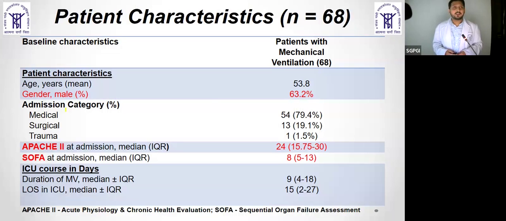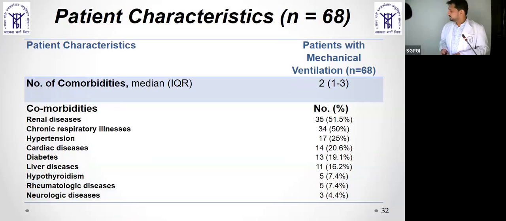The median APACHE II and SOFA scores for the patients on mechanical ventilation were 24 and 8 respectively. The most common comorbidity was renal disease, followed by chronic respiratory illness and hypertension, and a mean of 2 comorbidities was present in the study participants.